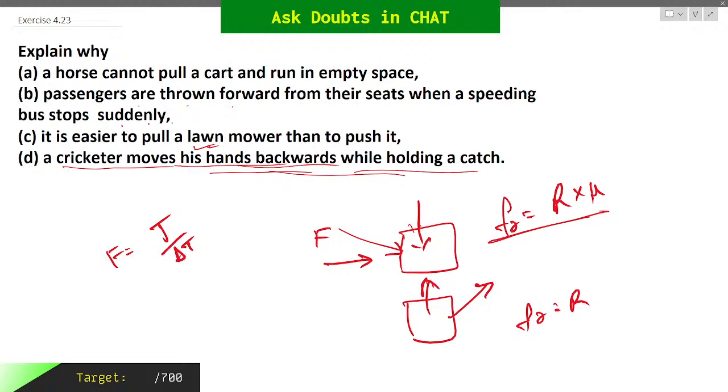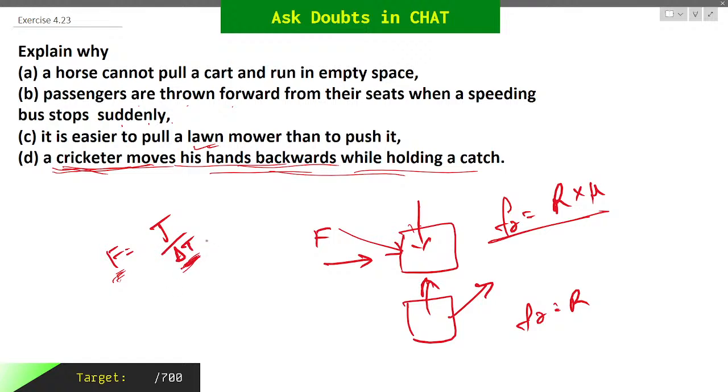Now the main motive of the cricketer is to feel less force. You can achieve less force either by decreasing the impulse or by increasing the time. Since the impulse is not in the control of the cricketer, that is, he can't control from which height the ball will fall in his hand, he has this delta T in his control.